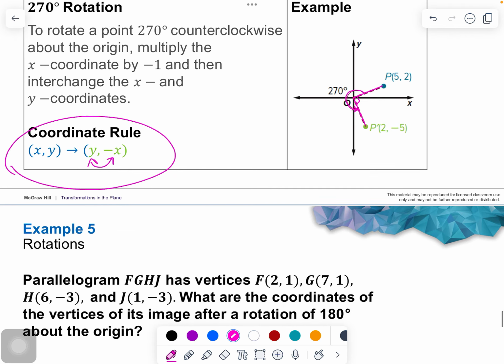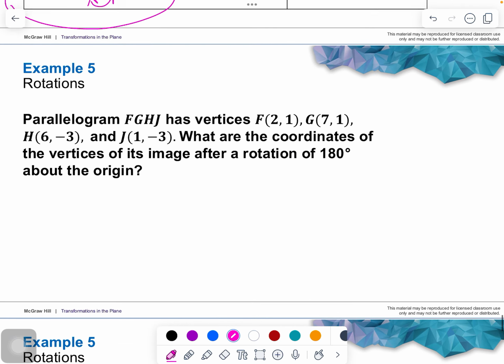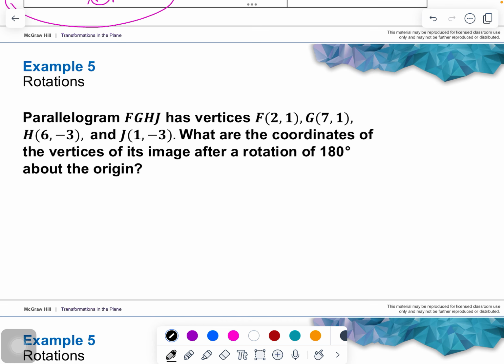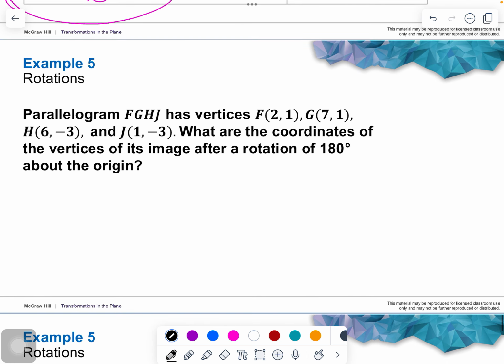All right. So let's look at an example. This one says that we're going to do 180 degrees about the origin, and that rule was (x, y) goes to (-x, -y). So every single one of these points, you're just going to change the signs.